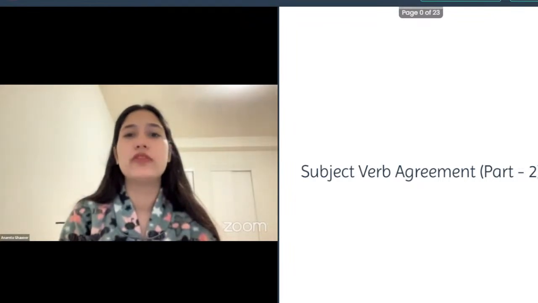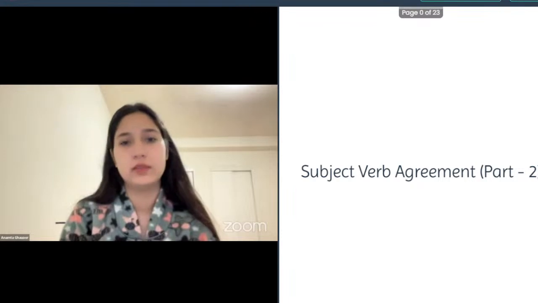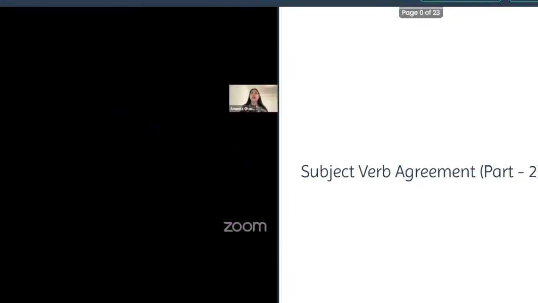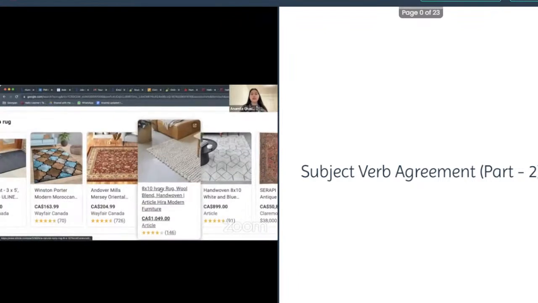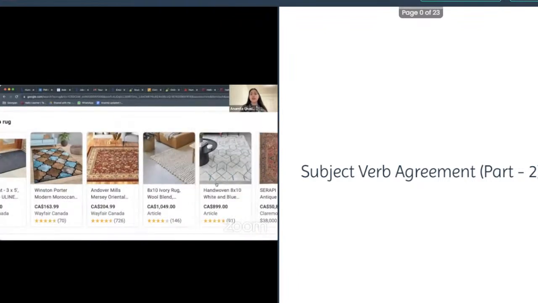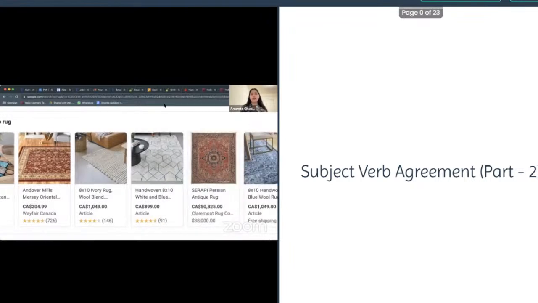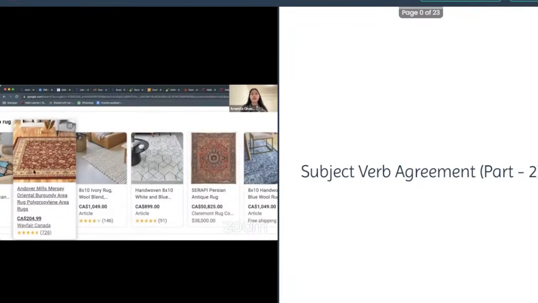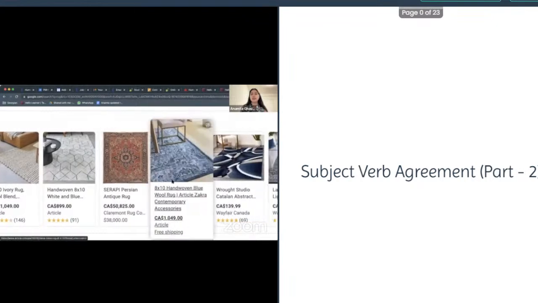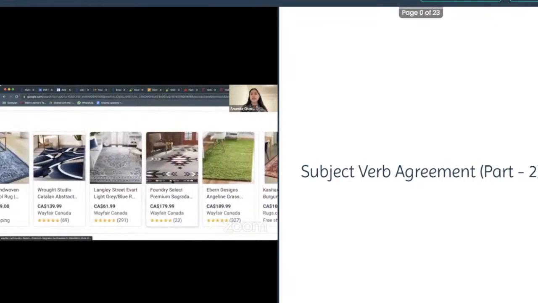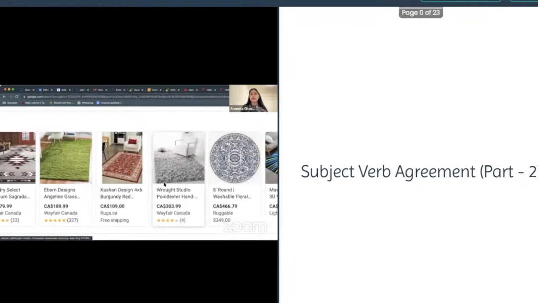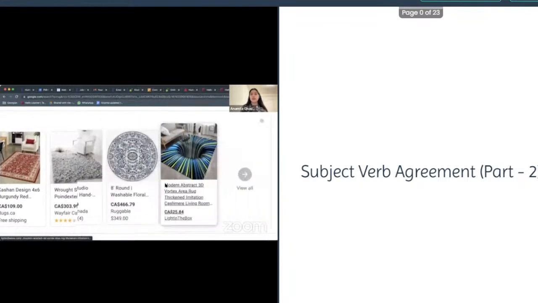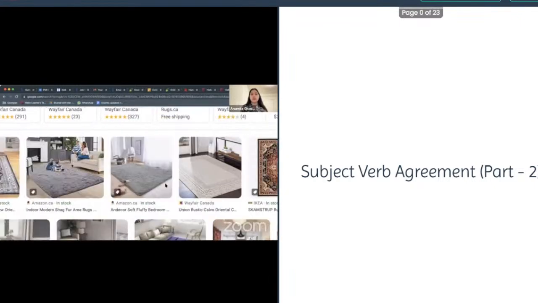Those who are still confused, what is a rug? Let me just show you quickly. See, you can see, they could be of different colors, different types, different fabrics. I have something like this. So many stylish rugs are there. This one, I have something like this, red in color. So yeah, these all are rugs.